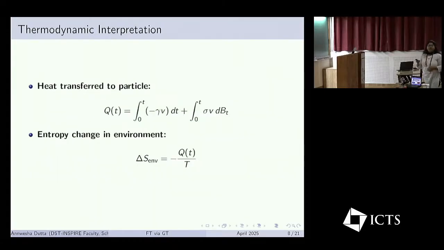We also know from Sekimoto's formalism that the heat transferred to the particle can be written in this form, where there is a contribution from the viscous drag and also a contribution due to the bombardment from the fluid molecules on the particle. From there we can calculate the environmental entropy.